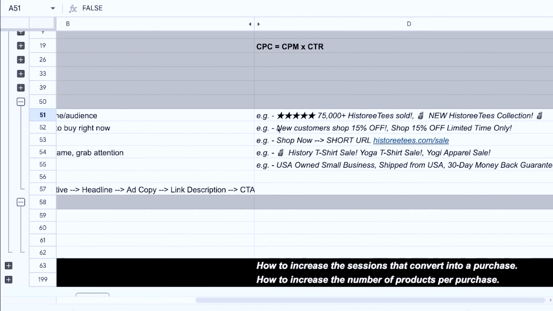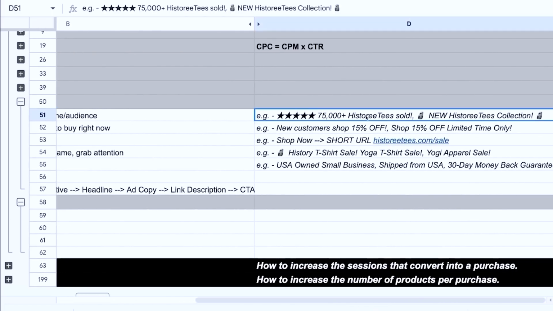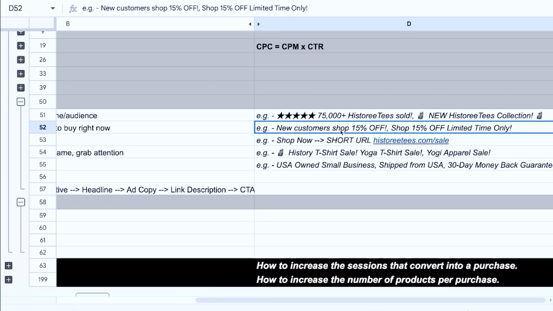So it grabs people's attention because it has a couple of emojis, and then it speaks to the niche or the audience by addressing, in this case, the brand name. Yoga Stay was actually the same, like new Yoga Stay collection, or you could say new Yoga Tees collection.